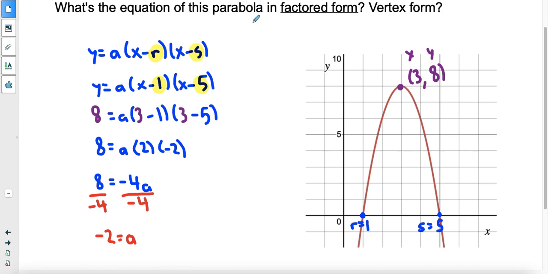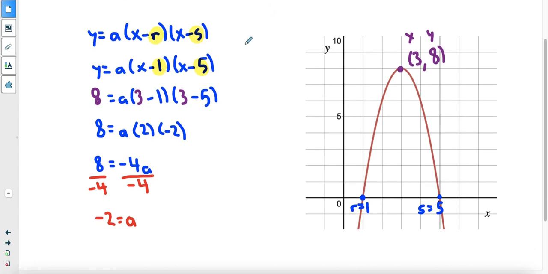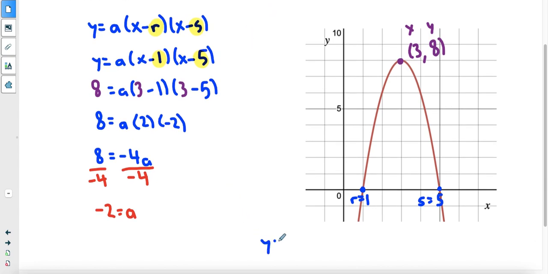And now I have enough information to write the equation of this parabola in factored form. So if I plug everything in, we know my r value here is 1, so I can plug in 1 for r. s here I know is 5.